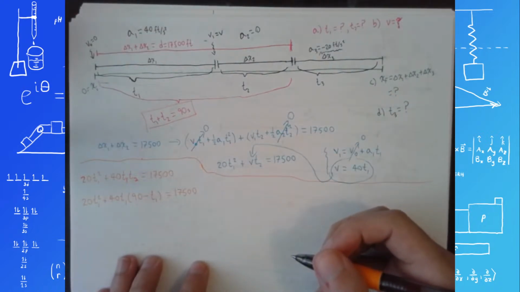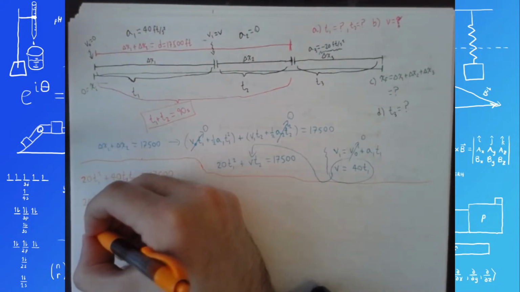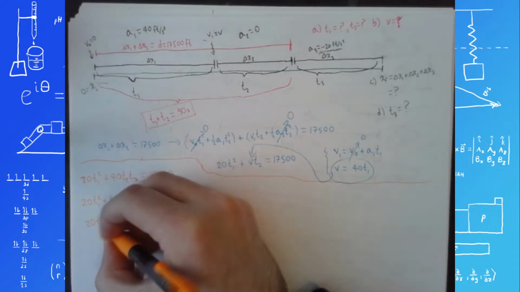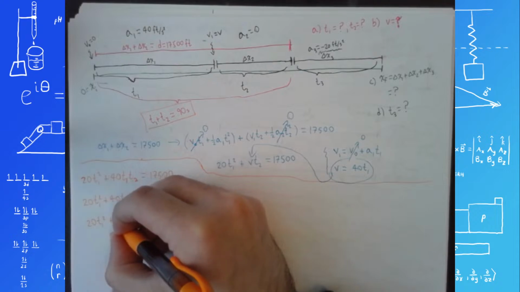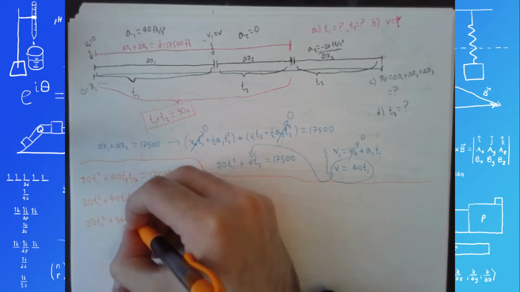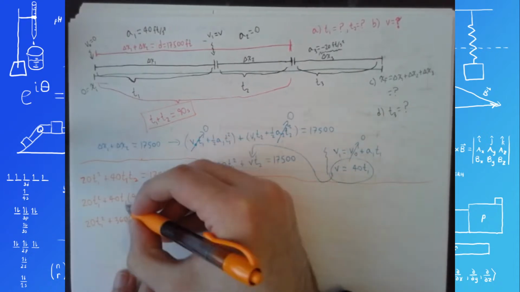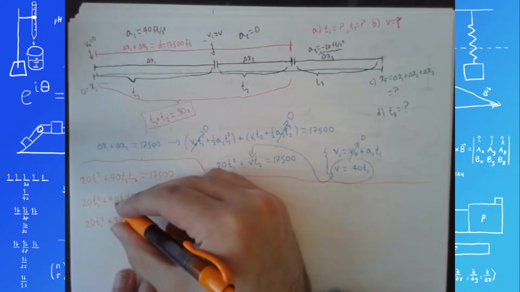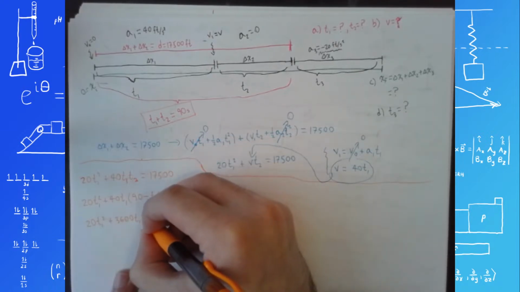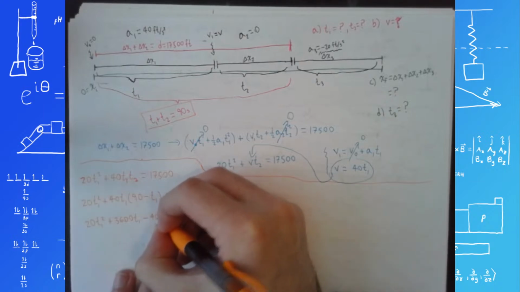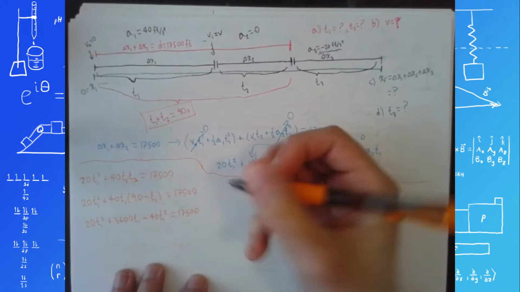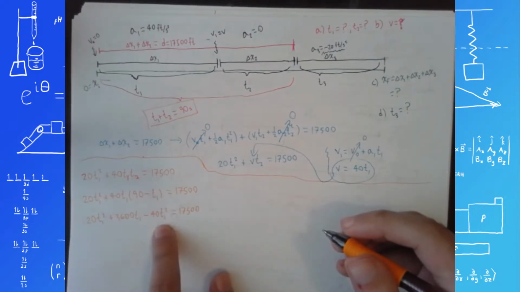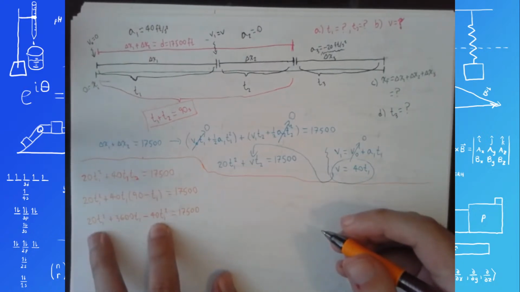Okay, distribute the 40 t1 and I get 20 t1 squared plus 40 times 90 is 3,600 t1, and then minus t1 times positive 40 t1, that's minus 40 t1 squared. Okay, 20 t1 squared minus 40 t1 squared would be negative 20 t1 squared.